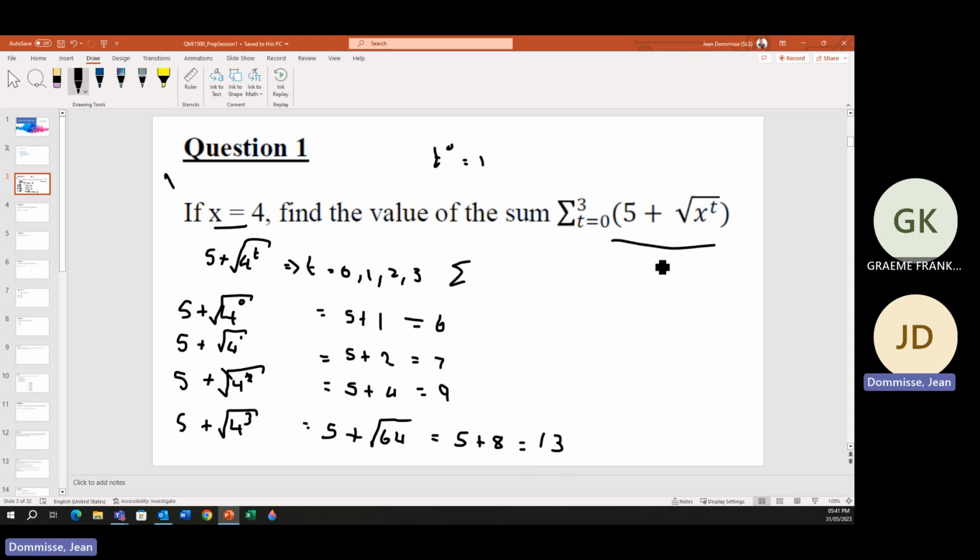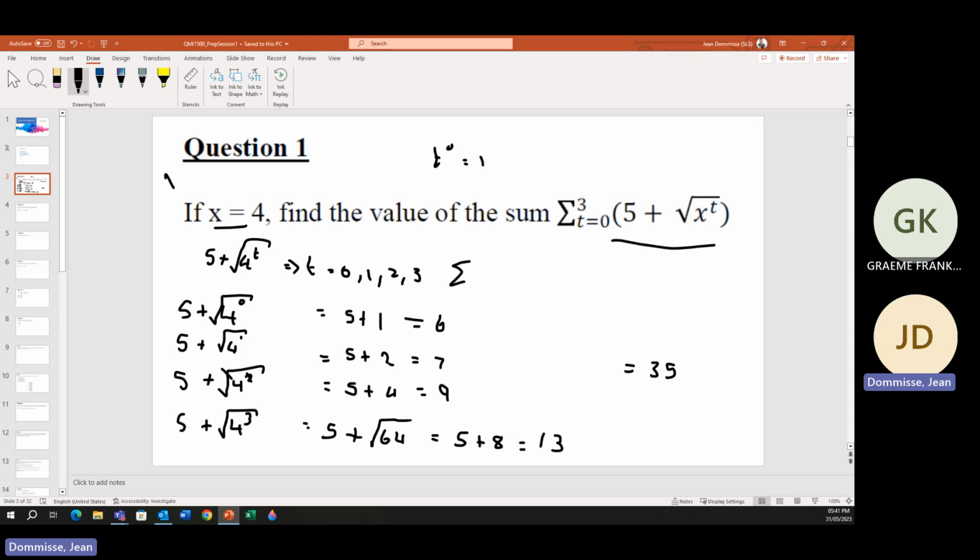Okay, and then to get to the sum, we just need to say 6 plus 7 plus 9 plus 13, and that will give us the answer of 35. There's not really another way of doing it than by substituting.